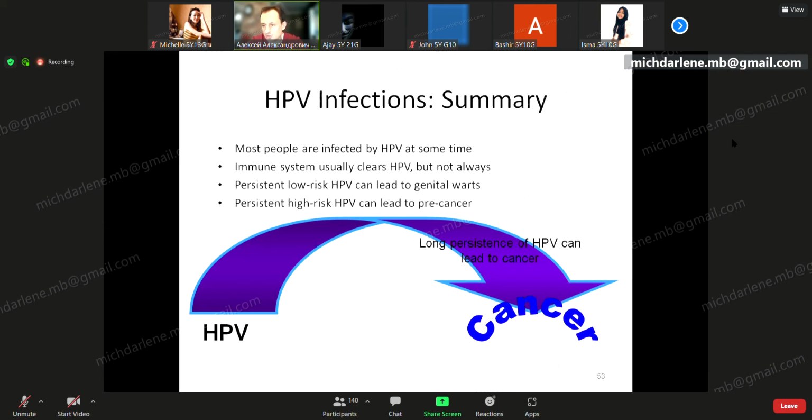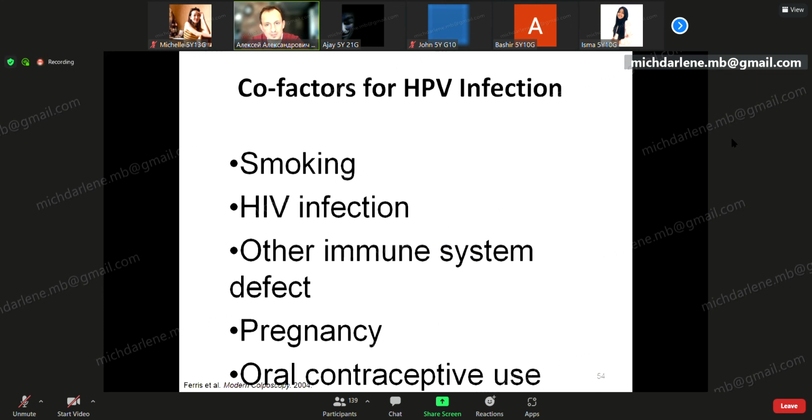And summary of HPV, you see the picture. So what else can play a role in the formation of HPV infection in our organs? Smoking, other immune system defects, pregnancy, oral contraceptive use.